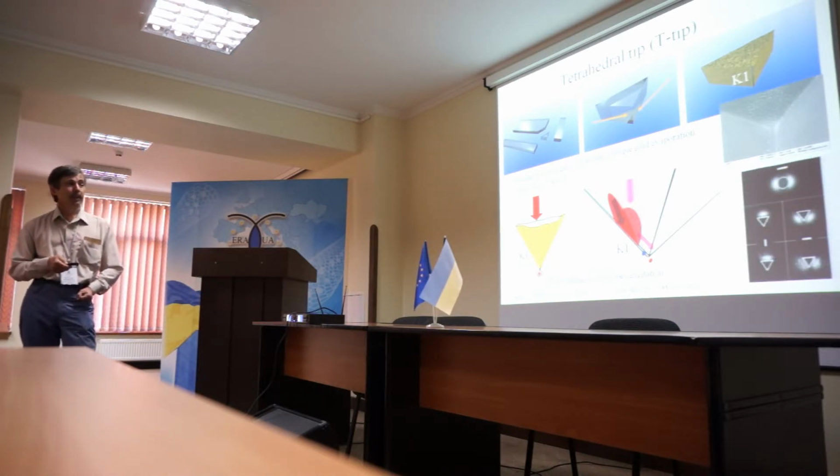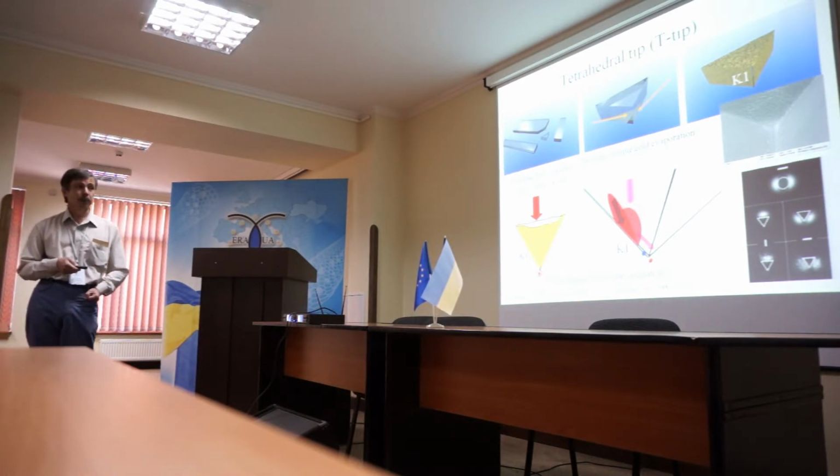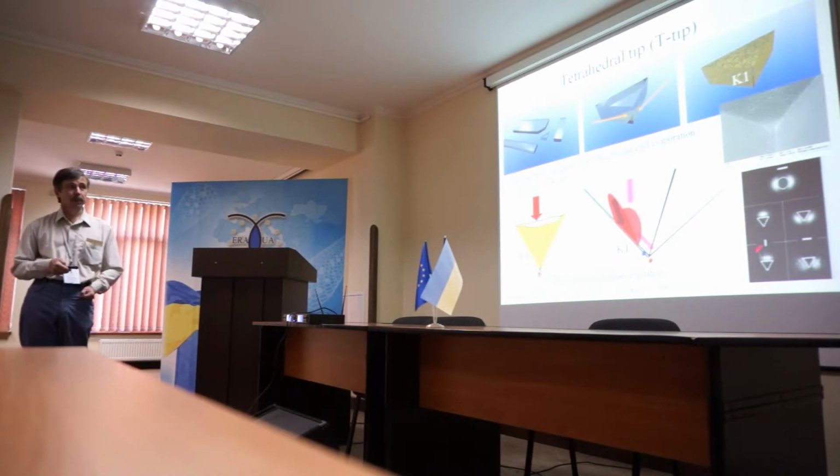And you may see we have advantages from the asymmetry of this object, because if we excite a circular aperture or circular particle, we have two lobes where our field is localized. If we excite a triangular object, we have only one lobe with field localization. So we immediately have an improvement of the resolution. You may see these are calculations, and these are experimental results.